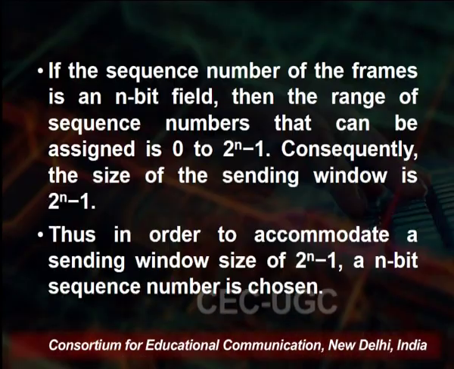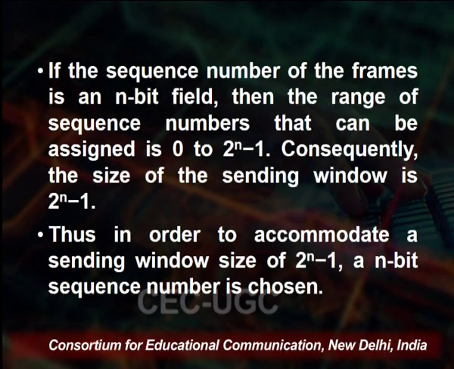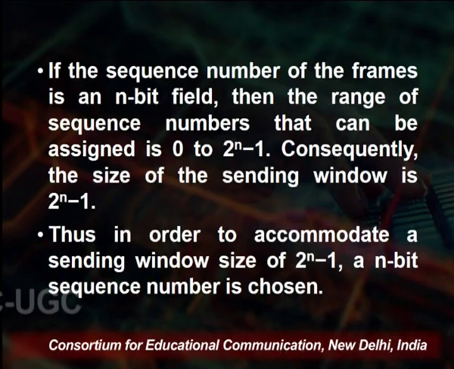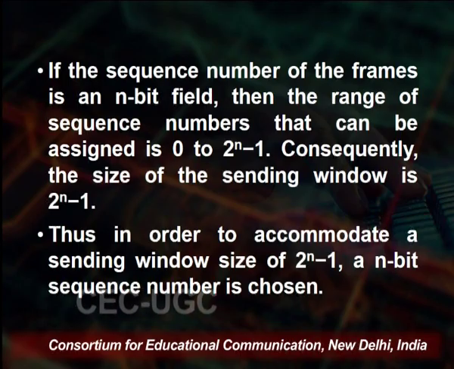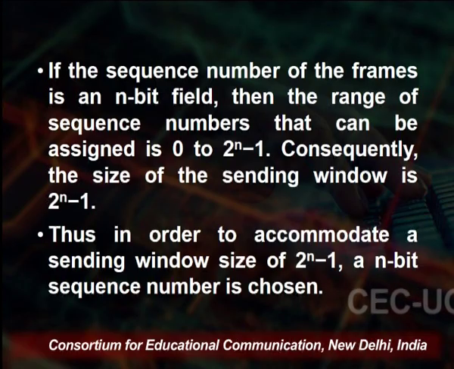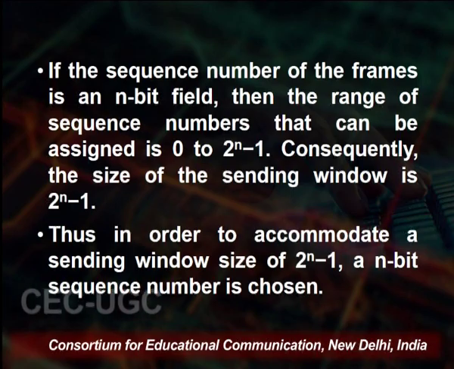If the sequence number of the frame is in an n bit field, then the range of sequence numbers that can be assigned is from 0 to 2 to the power n minus 1. Consequently, the size of the sending window is 2 to the power n minus 1.